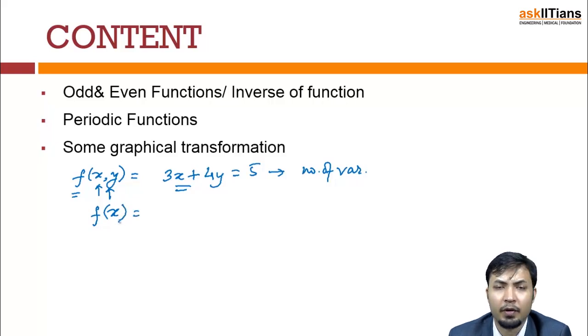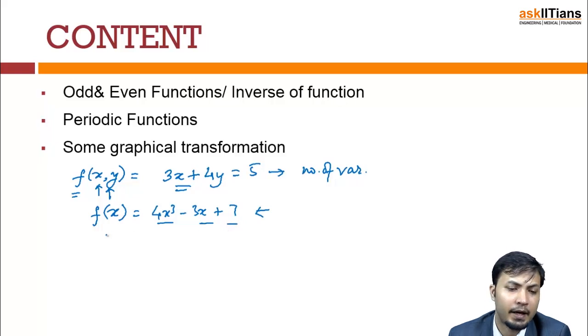So I represent my function like this. Let's say 4x cubed minus 3x plus 7. So this is a function of one variable. Now also you need to be sure that I represent this f over here, but it doesn't always have to be f.